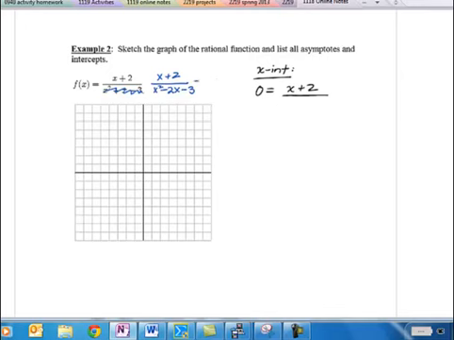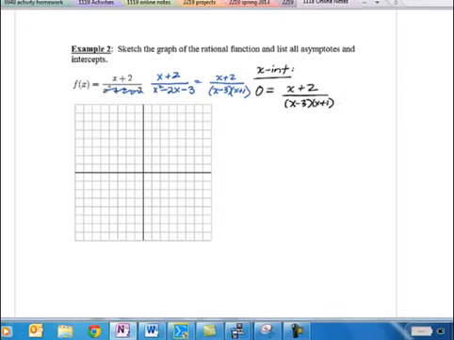Which would factor as x plus 2 over x minus 3 times x plus 1. There we go, that we can factor. Okay, so the x-intercepts would be 0 equals x plus 2 over x minus 3 times x plus 1.